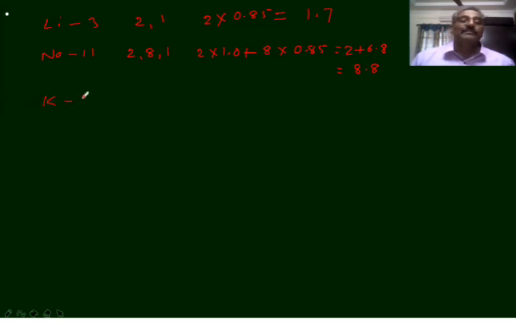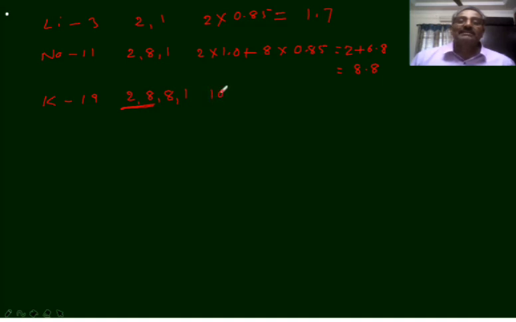For potassium, with atomic number 19, the electron distribution is 2, 8, 8, 1. The valence shell is the fourth shell. The electrons present in the antepenultimate shell and shells before that, that is the first shell and second shell, each cause 1.0. There are 10 electrons in the antepenultimate shell and before that.